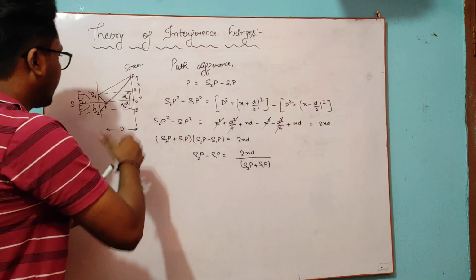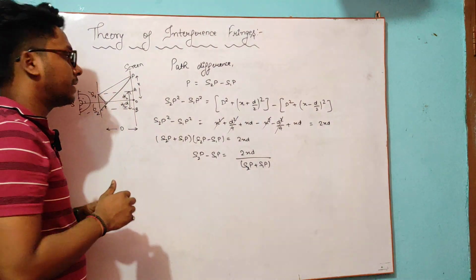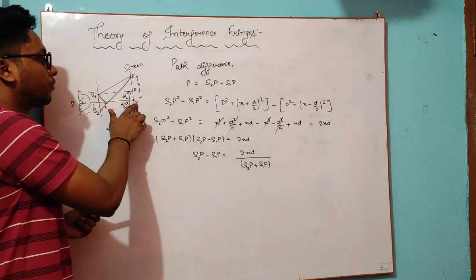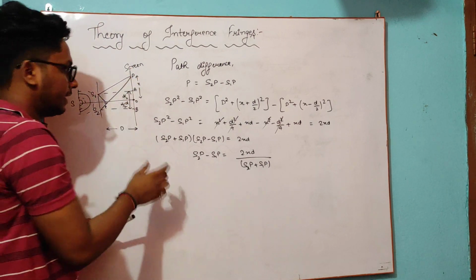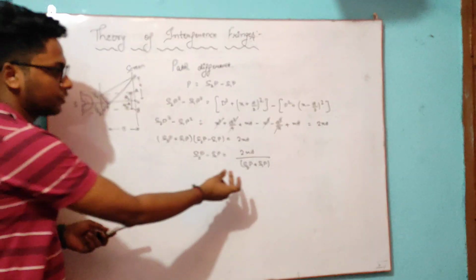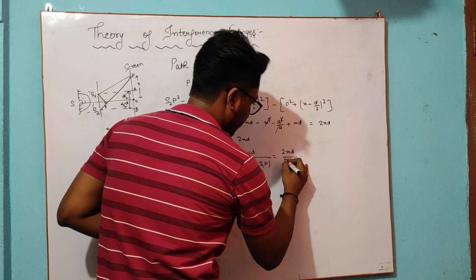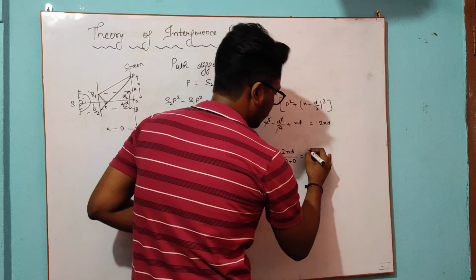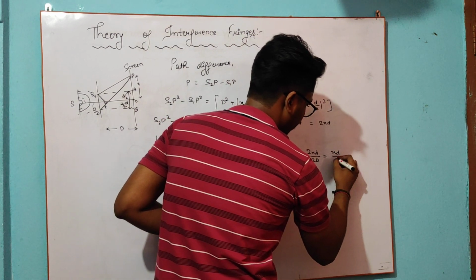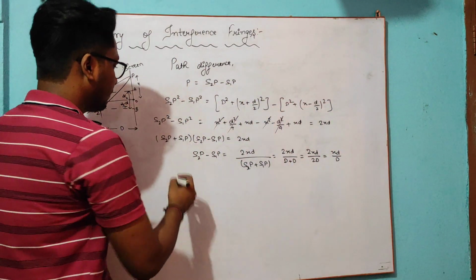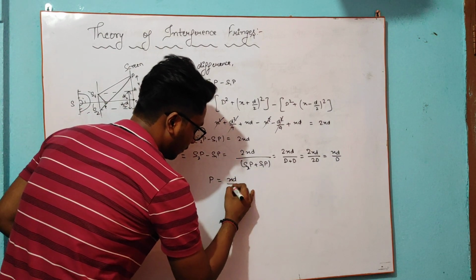The point at which we observe the interference pattern is very close to this central point O. That's why S2P is almost equal to D and S1P is almost equal to D. So in the denominator we get D plus D, and 2xd upon 2D is simply xd upon D. So this is nothing but the path difference. So path difference is equal to xd upon D.